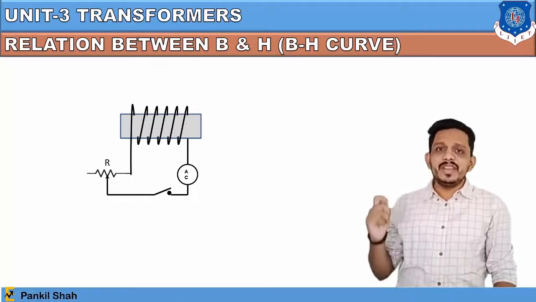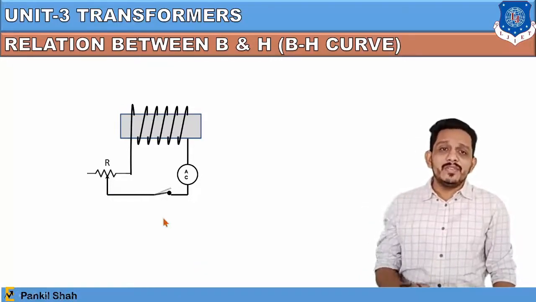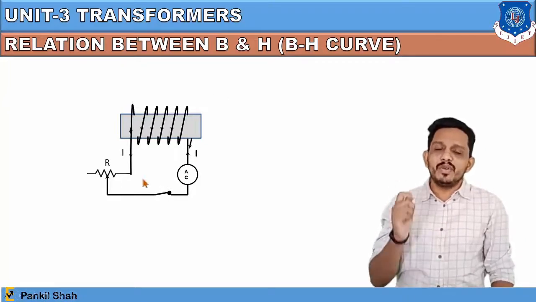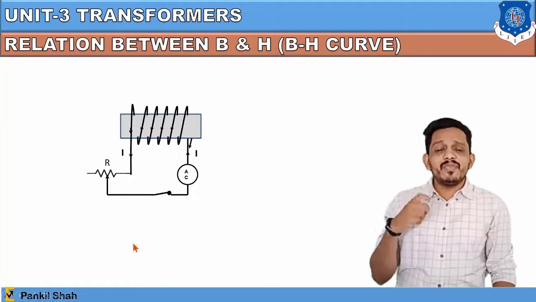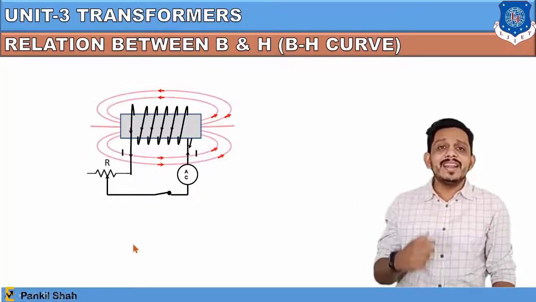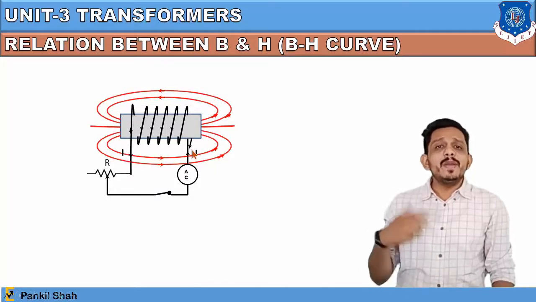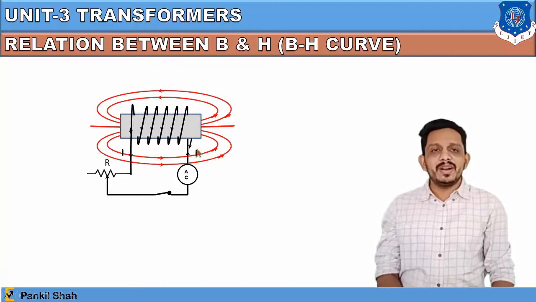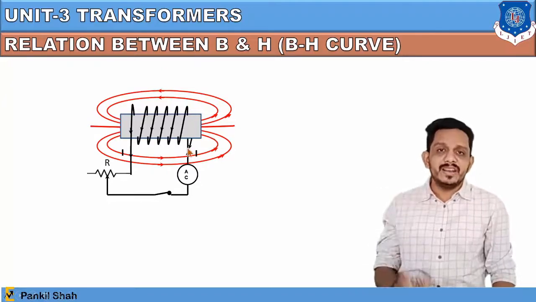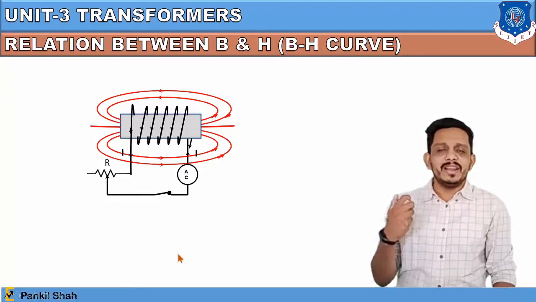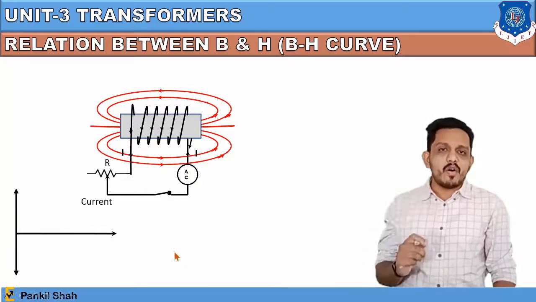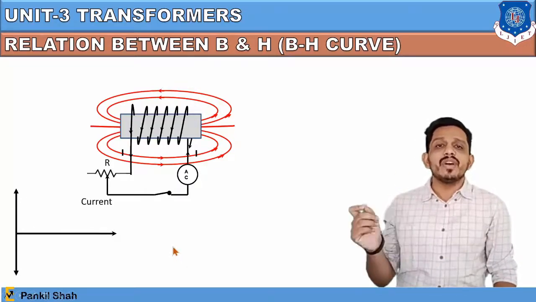Whenever this switch is closed, some current will start flowing through this coil. And if alternating current is passed through any electromagnet, then magnetic flux will be produced in this magnetic material. You can see these red lines which represent the magnetic field. So these lines are of magnetic flux. Now we need to find the graph of B versus H over one complete cycle.